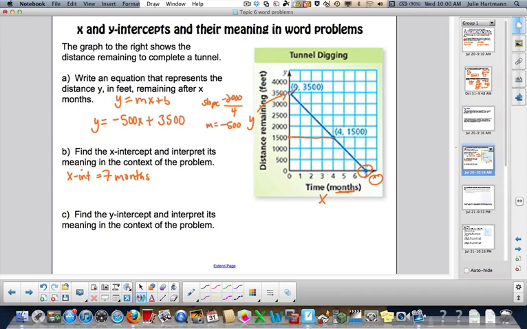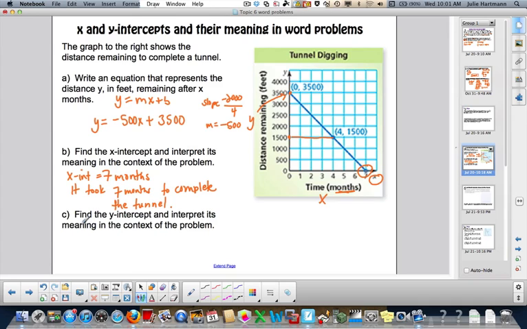So if our distance remaining is 0 and our x value is 7 months, what does that mean? It means it took 7 months to complete the tunnel. At 7 months, your distance remaining is 0.